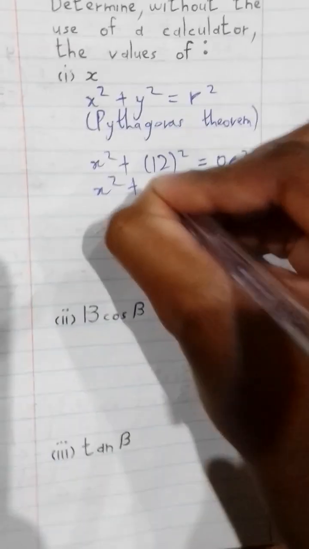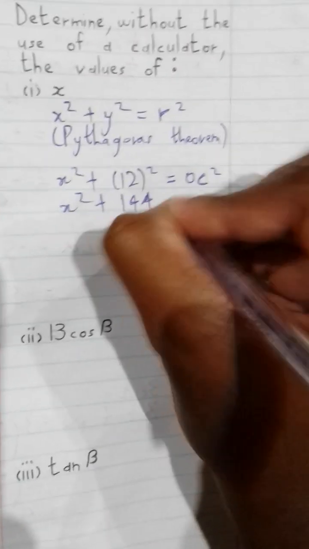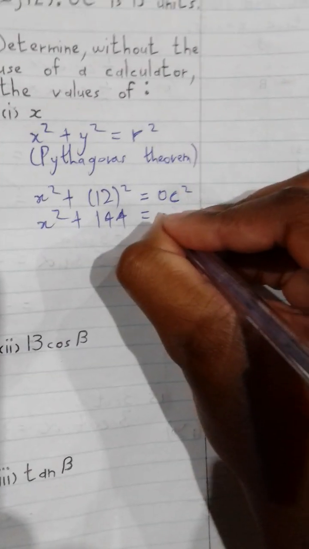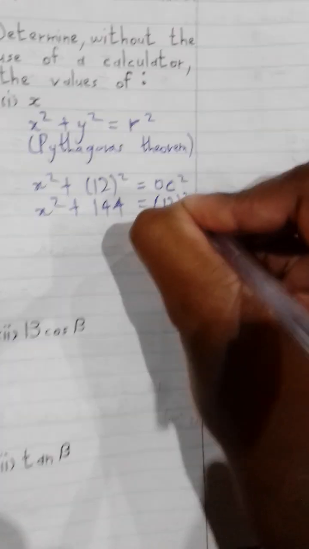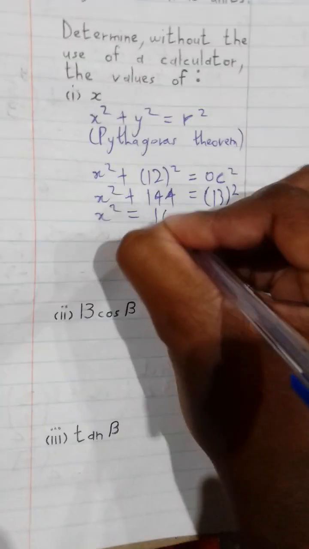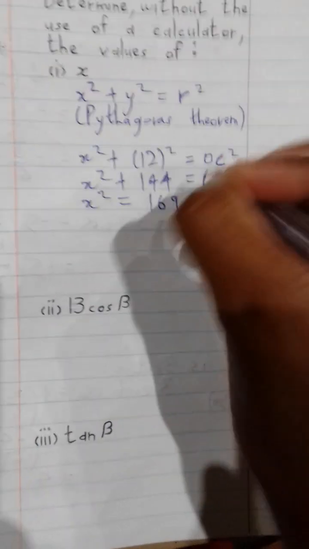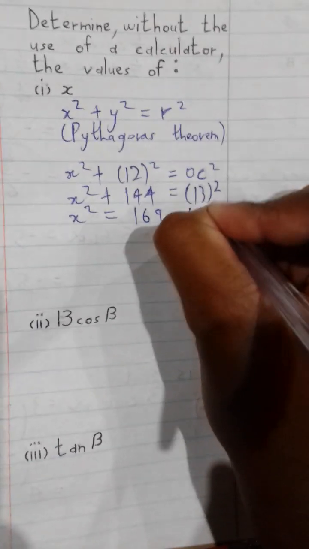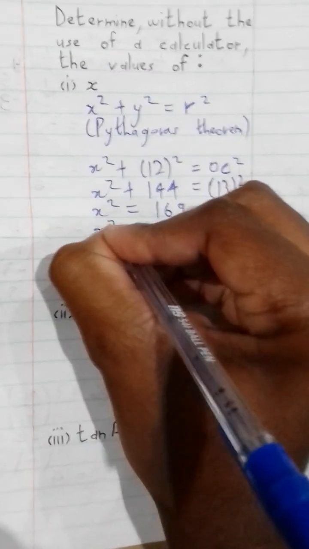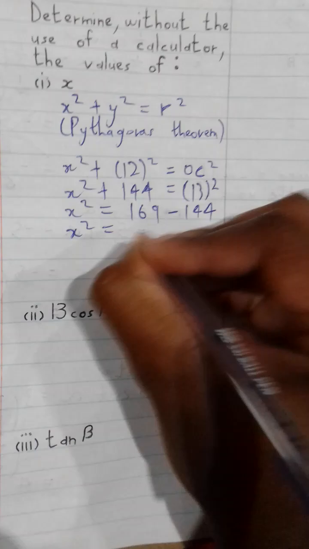R is OC. 12 squared is 144. OC is 13, squared is 169. 144 goes to the other side, it becomes negative 144. 169 minus 144 is 25.